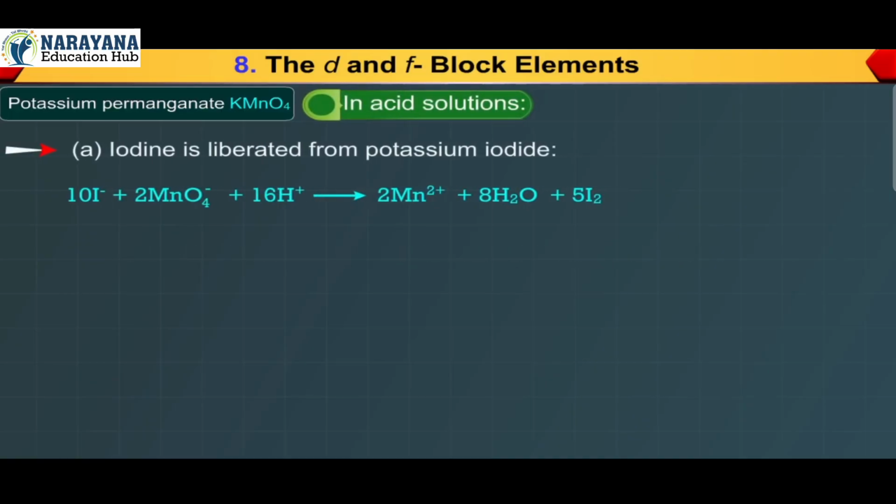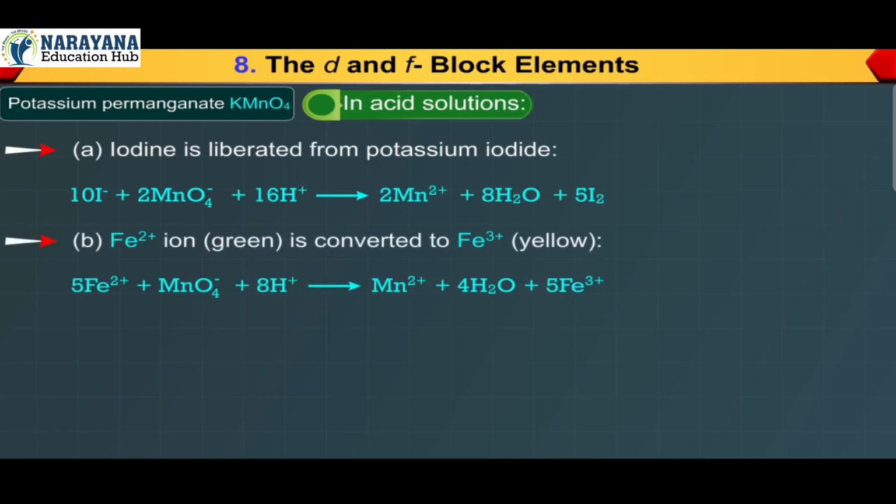In acid solutions, A. Iodine is liberated from potassium iodide: 10I- plus 2MnO4- plus 16H+ gives 2Mn2+ plus 8H2O plus 5I2. B. Fe2+ iron, that is green, is converted to Fe3+, yellow: 5Fe2+ plus MnO4- plus 8H+ gives Mn2+ plus 4H2O plus 5Fe3+.